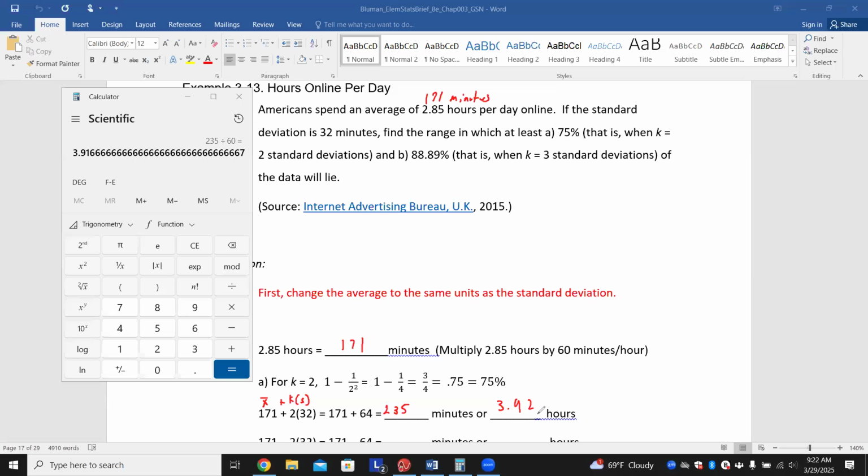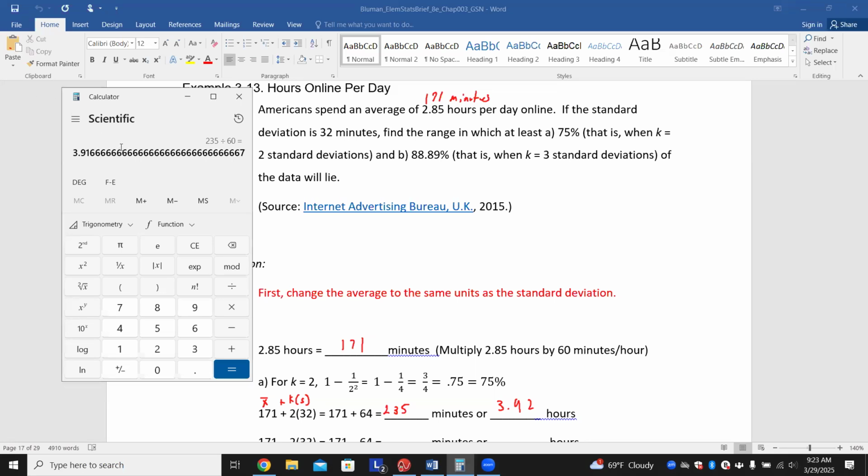Let's pull the rest. I know I can't see it here, but you can see it on your page. When I say plus or minus, if the average is 171 minutes, 75% of your data on the right side would be up to 235, but now you need the left side. So we do 171 minus 2 times the standard deviation.